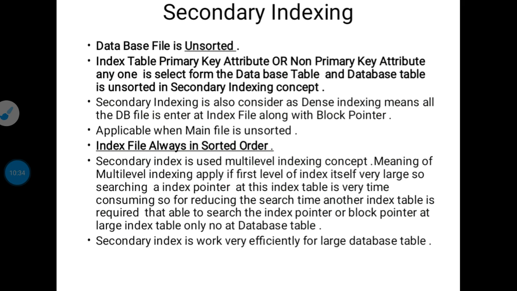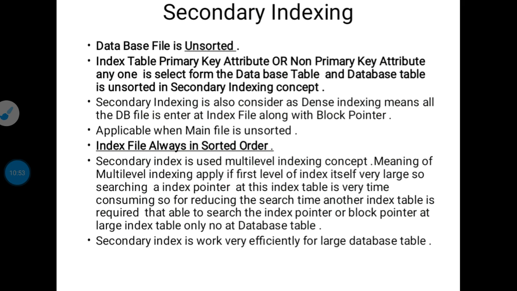Now comes point number 3. Secondary indexing is also considered dense indexing. Dense indexing we already discussed with the help of an example. Dense indexing considers all the unique records that are available in the particular main database file, along with the block pointer.